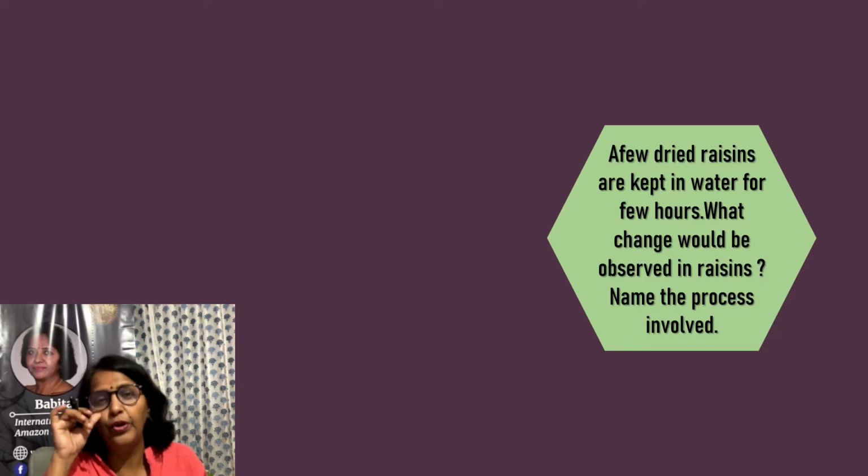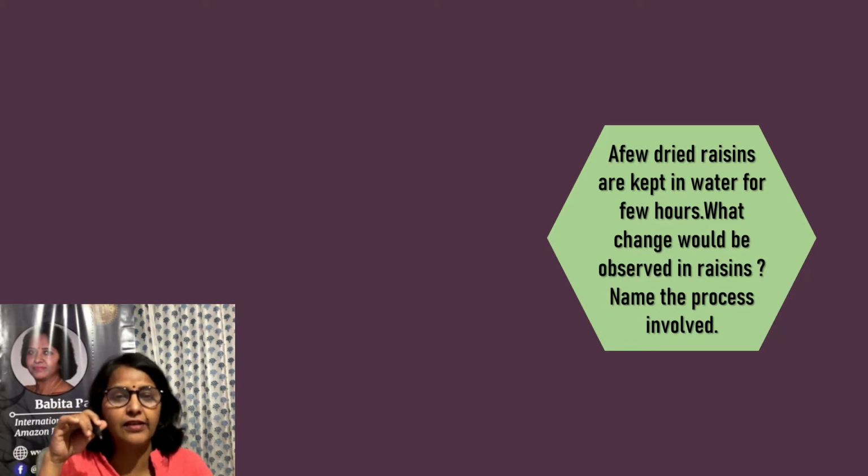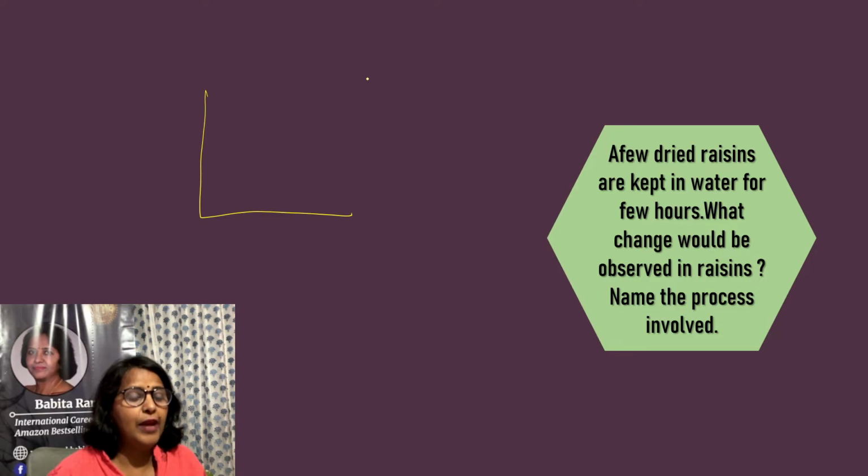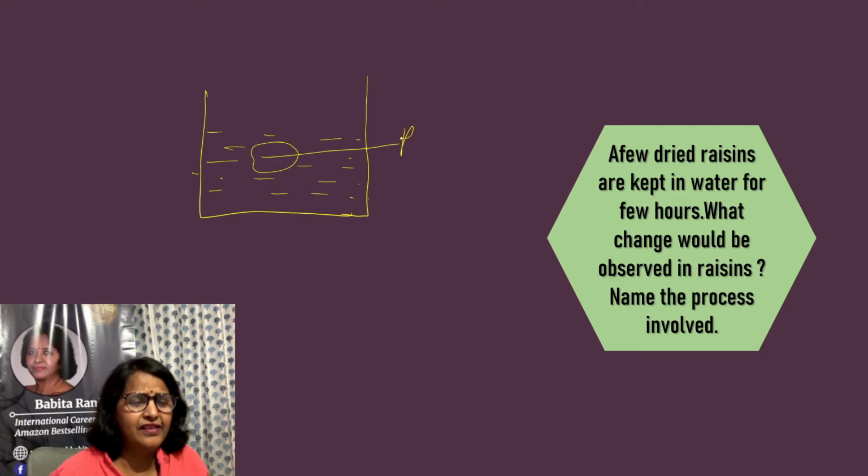Now, a few questions that are generally asked related to osmosis. After dried raisins are kept in water for a few hours, what change would be observed in raisins? Name the process involved. This is a very common phenomenon. Dry raisins, black gram, any pulses, if soaked in water overnight, what happens to them? This is a raisin.